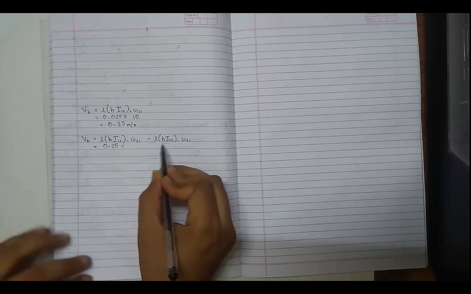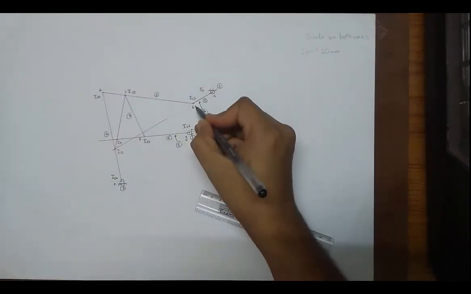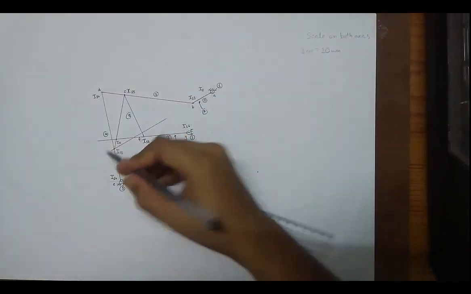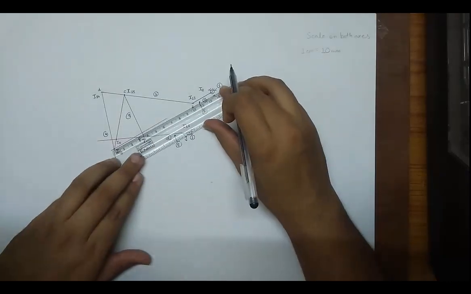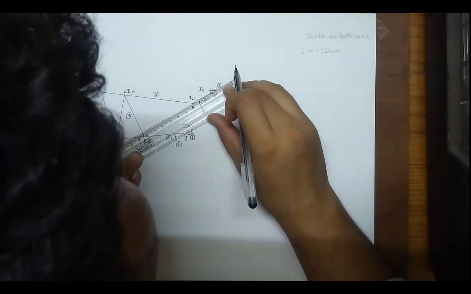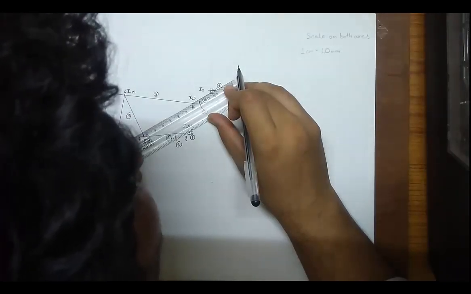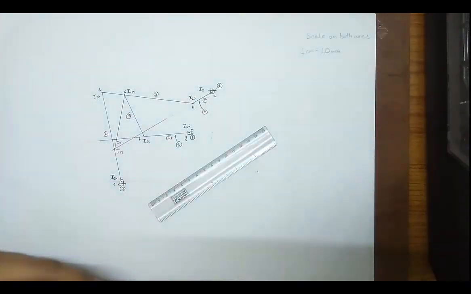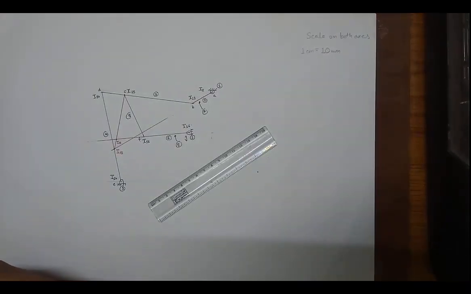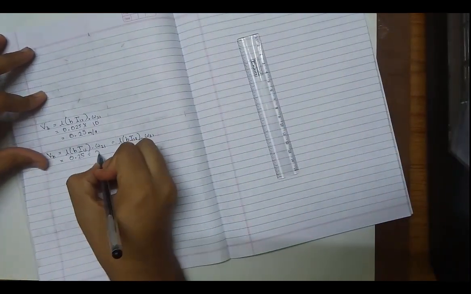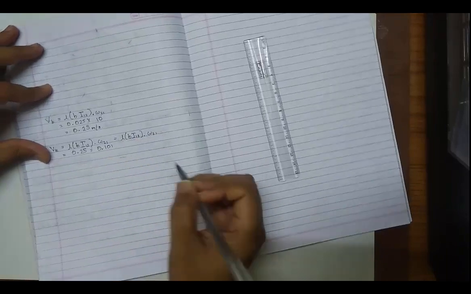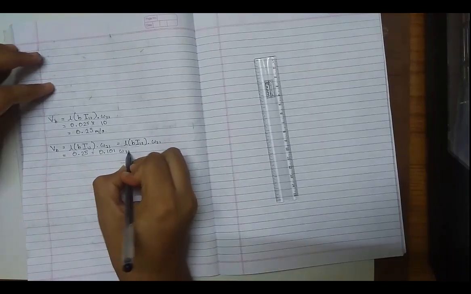Now how should I measure this length? B to I13. Here is B. Where is I13? Here is I13. Okay, I will measure this length. It is 10.1 centimeter, 101 mm, into omega 31.